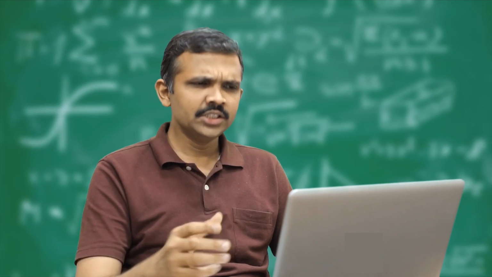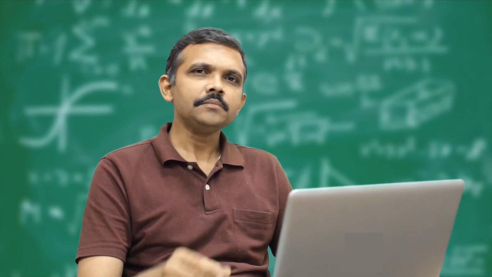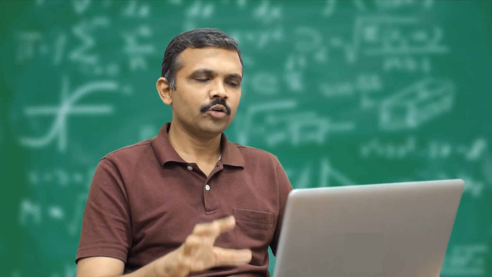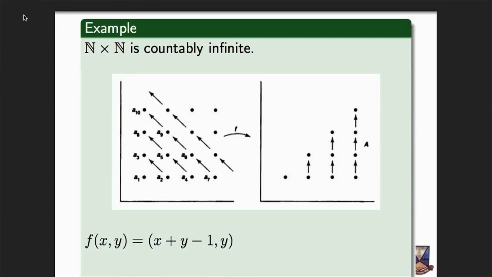In general, (m, n) can be plotted in R2, and we can imagine N cross N as a subset of R2. So, we define a function that maps the elements of N cross N to another subset of N cross N, that is A, which you can see in the diagram. This function is given by f of (x, y) equal to (x plus y minus 1, y).